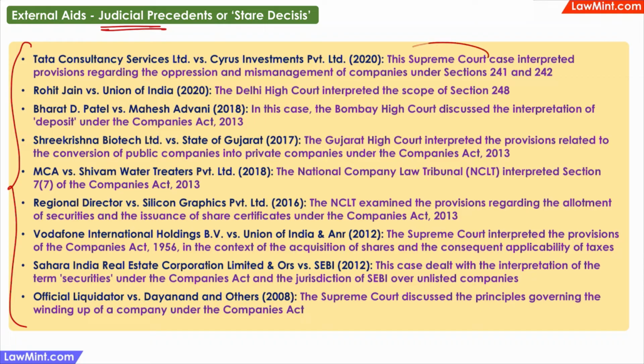So, precedents set by the Supreme Court should be mandatorily followed by all courts across India, and precedents set by a high court should be followed by the courts that fall under its jurisdiction. Which means that if the higher courts have interpreted a statute in a specific way, and a lower court is faced with the same or similar questions, then the precedent set by the higher court needs to be followed.